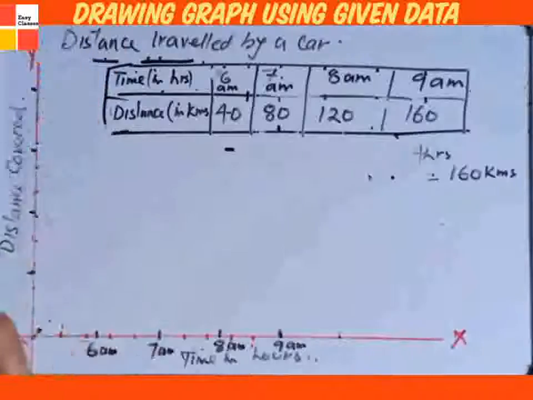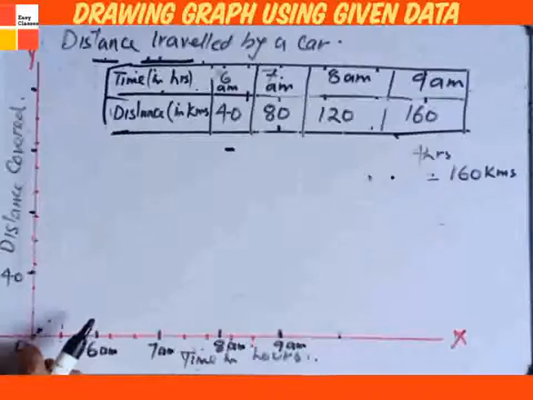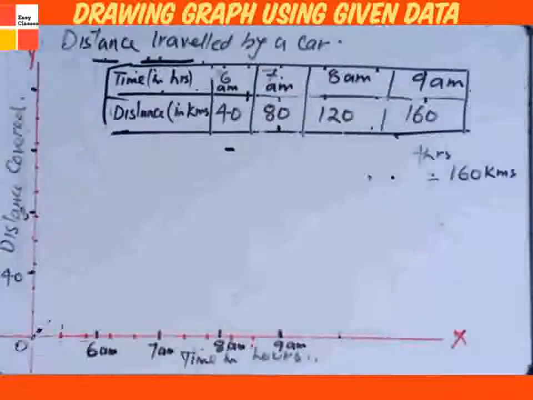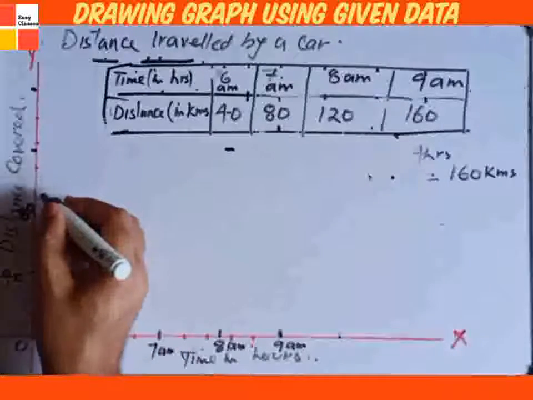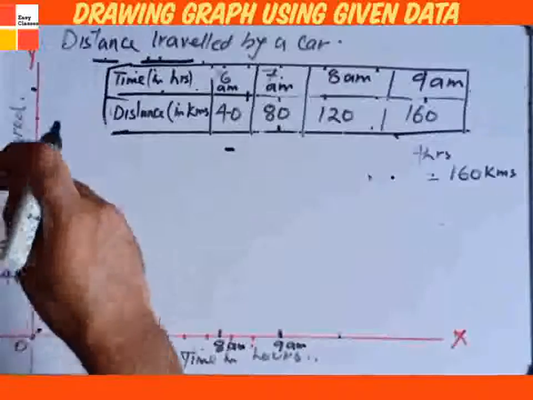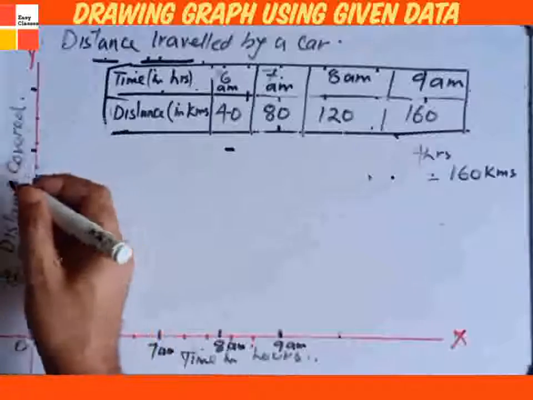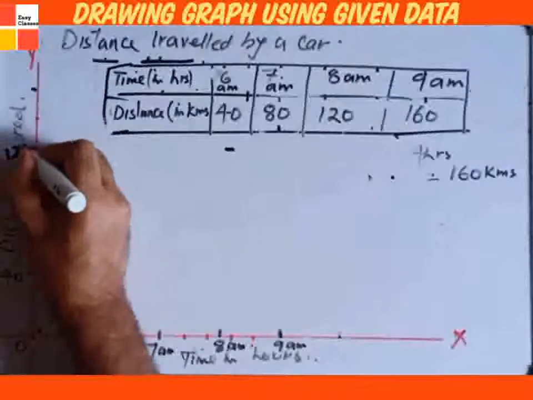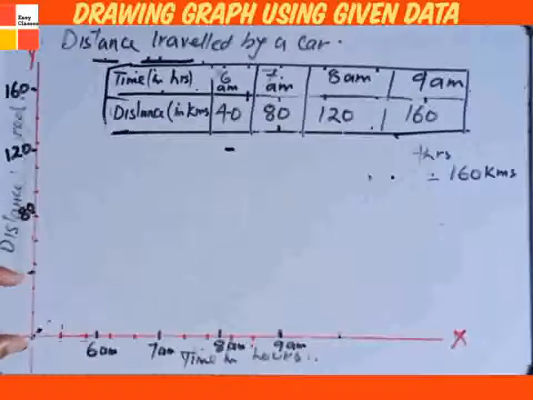So here it will be 0 kilometers, and from here to here it will be 40 kilometers, then 80 kilometers, then 120, and then 160 kilometers here. So each unit is equal to 40 kilometers.